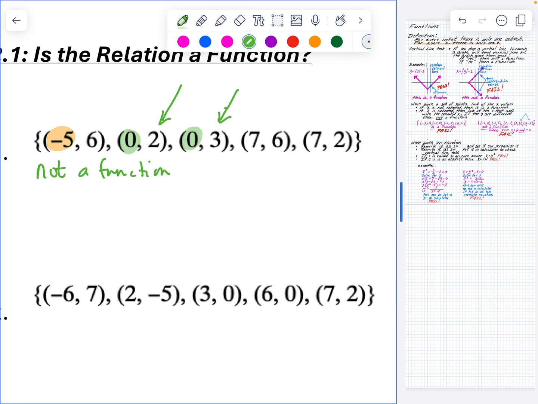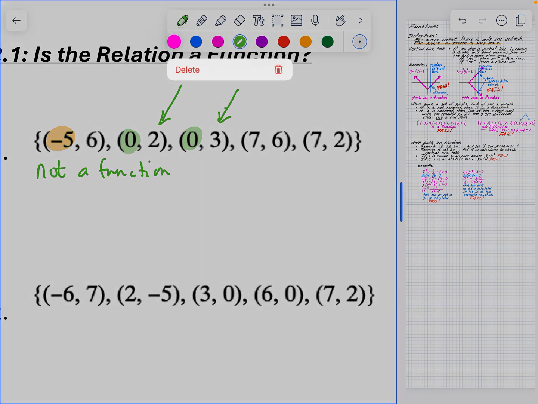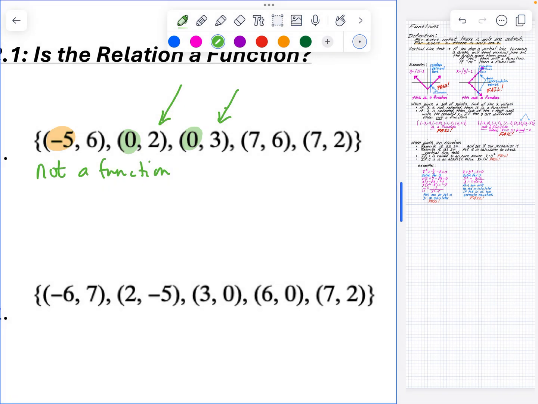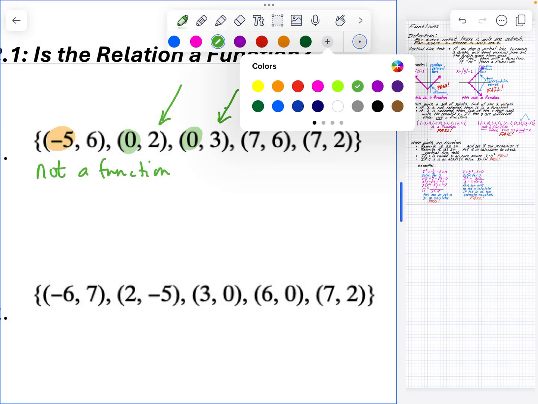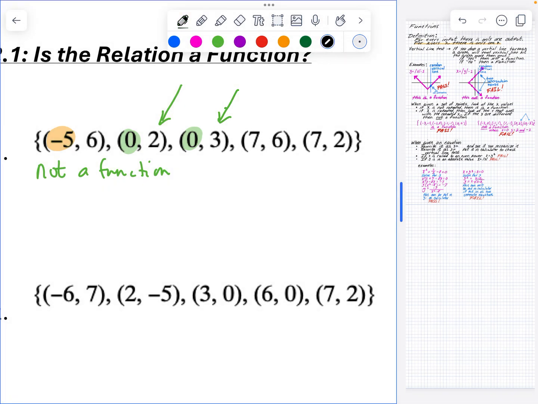If you were to graph it, this is your x-axis, this is your y-axis.